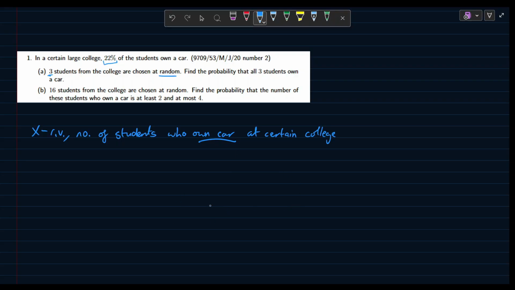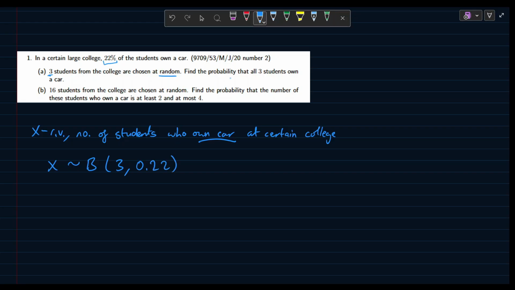So we can tell that x satisfies the 4 conditions for a binomial distribution to be suitable. So as a result, we can say that x follows a binomial distribution with n is 3 and the probability of success is 22%. Never write your probability as a percentage, rather give it as a decimal, so 0.22.